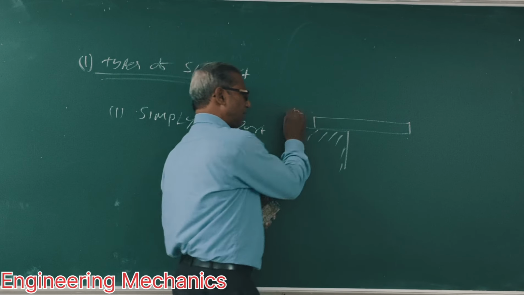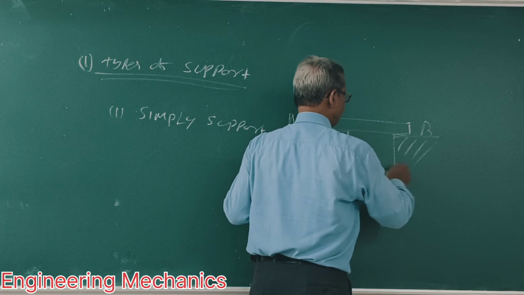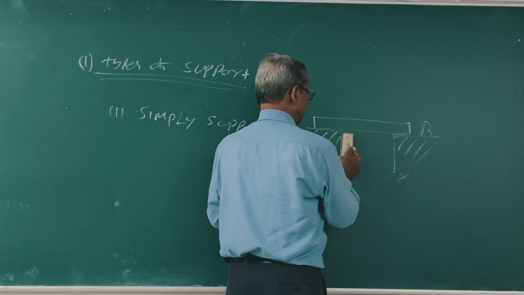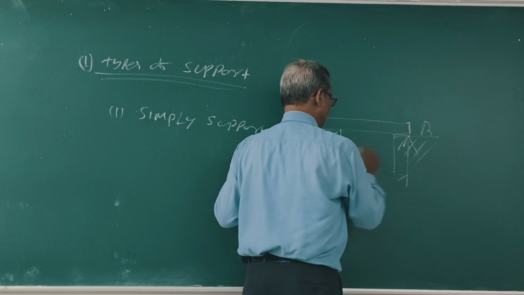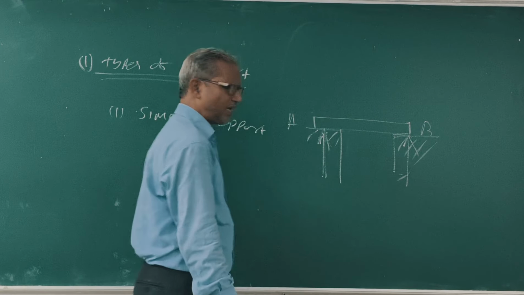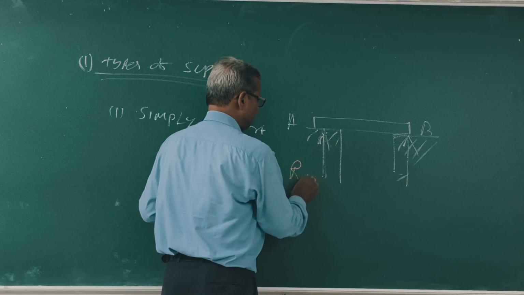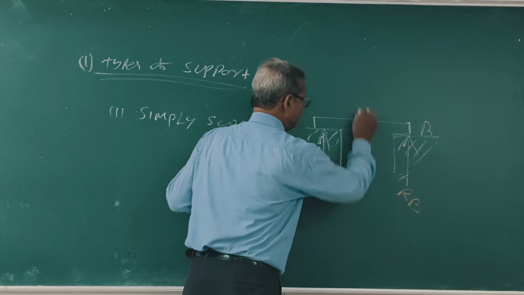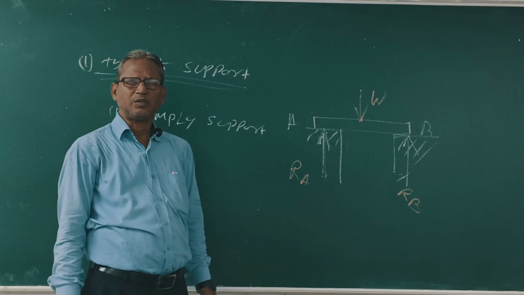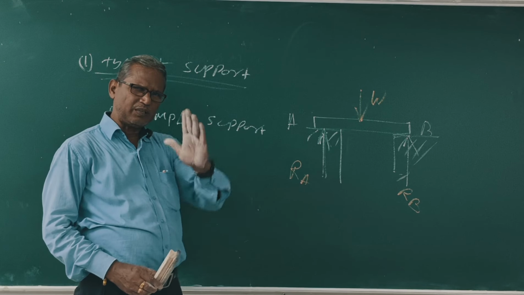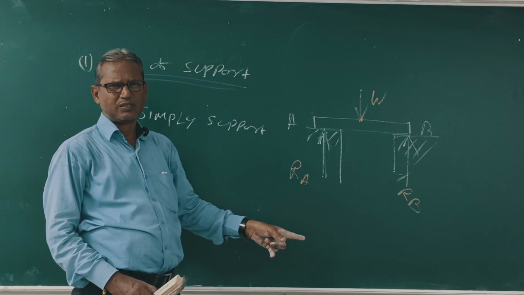This point A, this point B is also a simple support. At A, the reaction is RA. At B, the reaction is RB. Clear? This is reaction RA, this is reaction RB. This load W. In the case of a simple support beam, the reaction is vertically upwards and the load is vertically downwards.